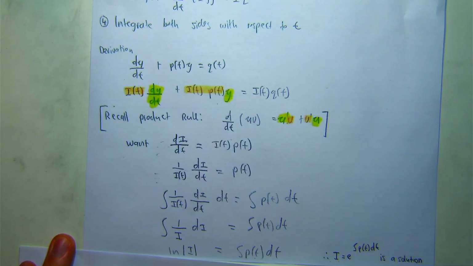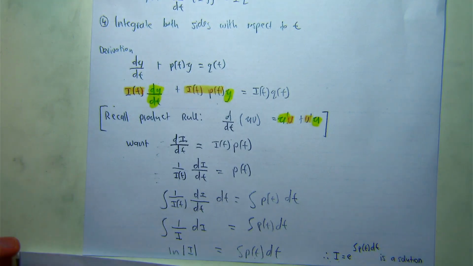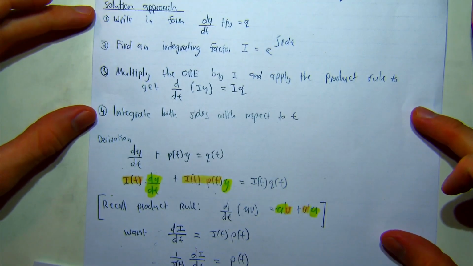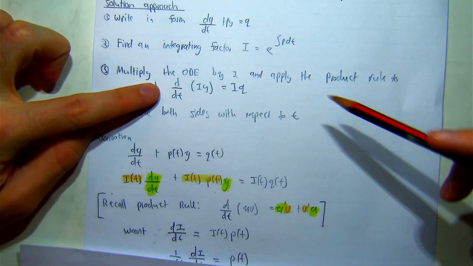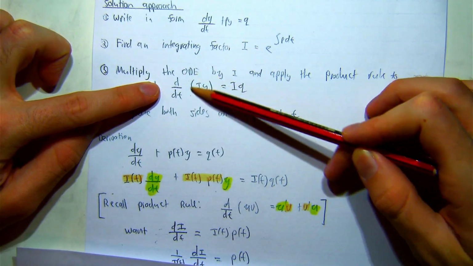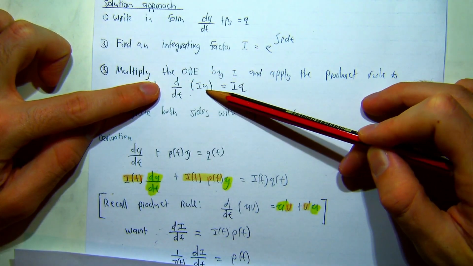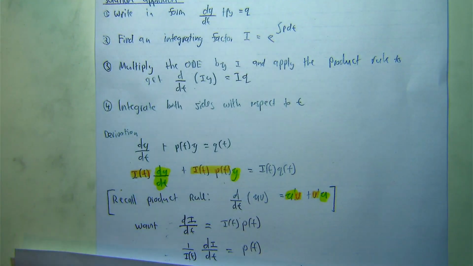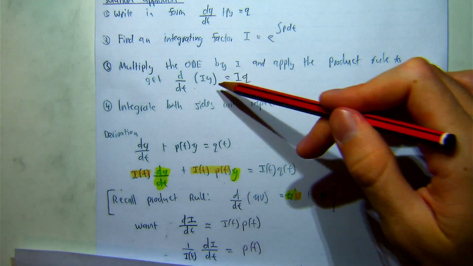And that means that this is a solution and it is an integrating factor. So that's why we choose our integrating factor to be this, so that when we follow our solution approach, we indeed get the application of the product rule here, where d on dt of I times y is equal to this mess that we created for the sole purpose of cleaning up the mess into this form.